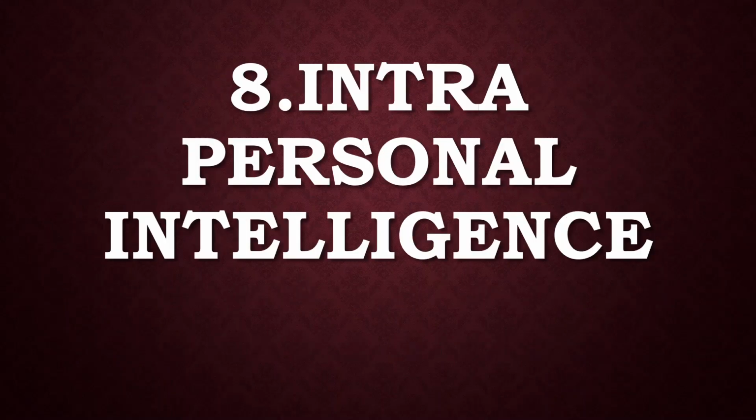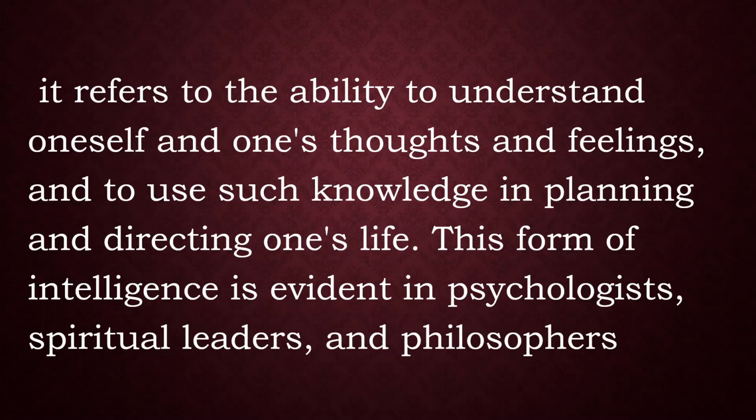Eighth type of intelligence, intrapersonal intelligence. It refers to the ability to understand oneself, meaning ourselves, our thoughts and feelings, and to use such knowledge in planning and directing one's life. This form of intelligence is evident in psychologists, spiritual leaders, and philosophers.